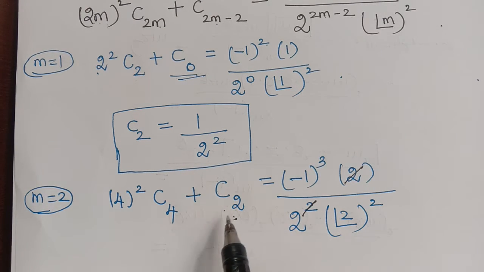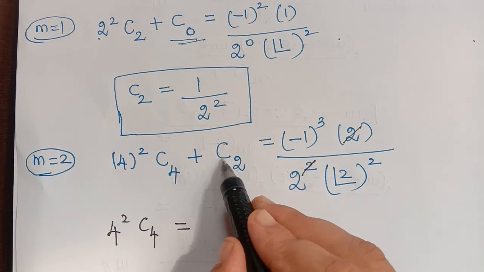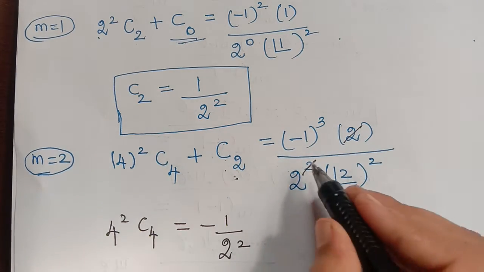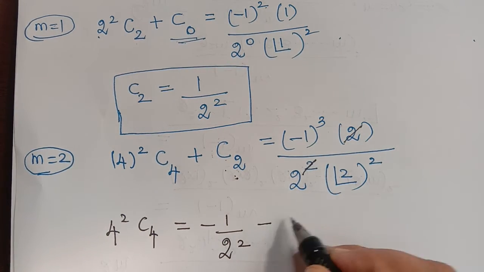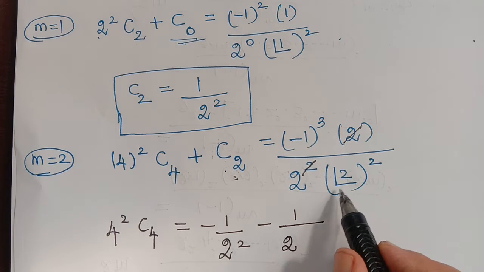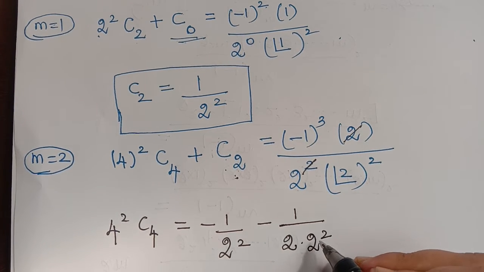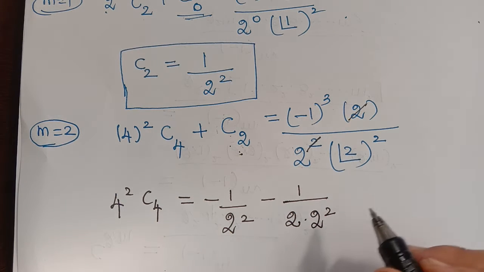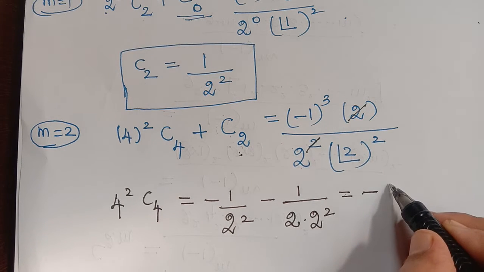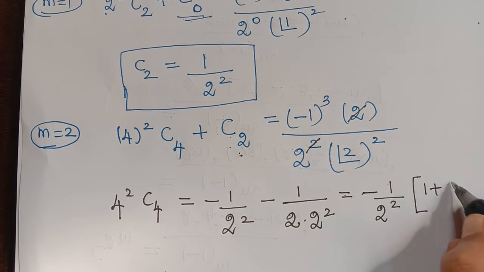If we substitute that here and take it to the right, we get 4 squared c4 equal to negative c2, which is negative 1 by 2 squared, and then here we have negative 1 cubed, so it becomes negative 1 divided by 2 squared times (2!)^2. But factorial 2 is 2 only, so it will be 2 squared. Before taking 4 squared to the right, we simplify: we take the negative sign outside, and also 1 by 2 squared outside, so that in the bracket we get 1 plus 1 by 2.